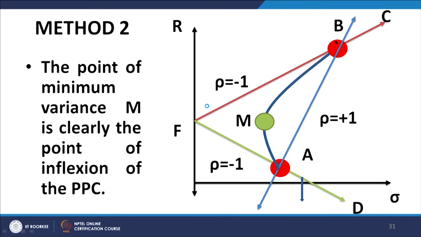You can see from here that the point M, that is the point of minimum variance, represents the point of inflection of the hyperbola represented by the curve B M A or A M B. I repeat, point M represents the point of inflection of the hyperbola A M B. So, using this particular property, we can also work out the coordinates of the minimum variance portfolio directly without going through the process of calculating the composition of the minimum variance portfolio.